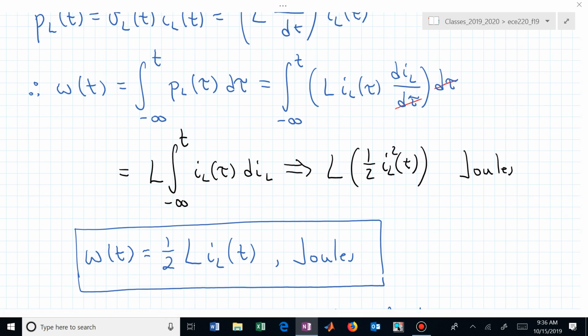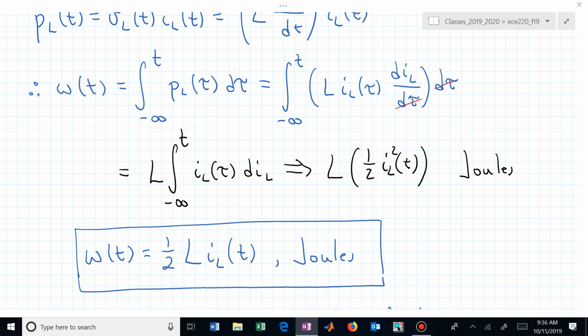In the magnetic field. That now can grow and collapse with the power that you're delivering and the power that it supplies to the rest of the circuit.